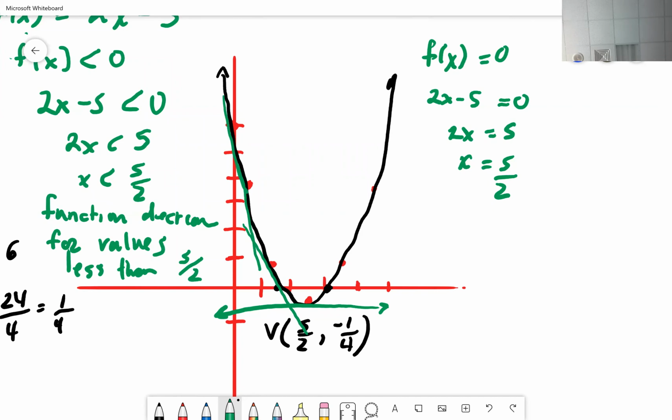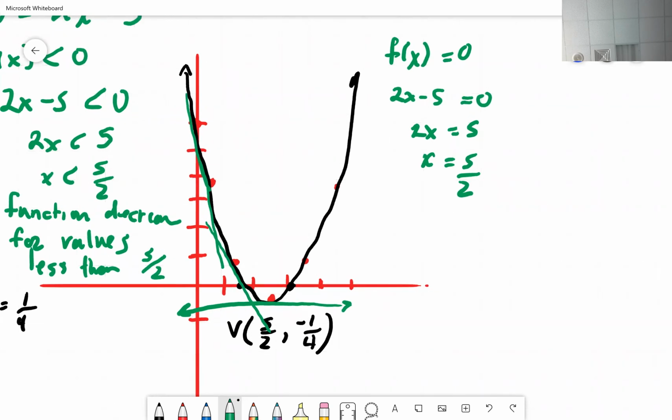Okay, so now what do you think happens when we test to the right of the vertex? When is f prime of x going to be greater than 0? When 2x minus 5 is greater than 0. So that's when 2x is greater than 5, so x must be greater than 5/2.